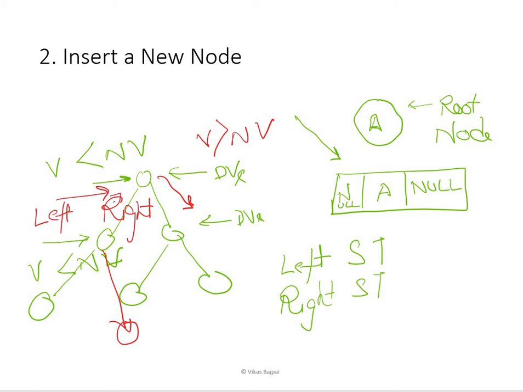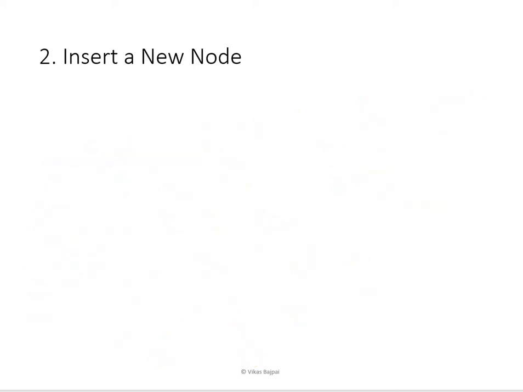Now I'm moving towards right, but the idea is to insert a node, right? So once again I'm doing a comparison whether the value is greater than my node value. Once again I'm moving towards right, and then based on this comparison I'll take a call whether to add to this side or to add to this side, and that's how we insert a node, right?